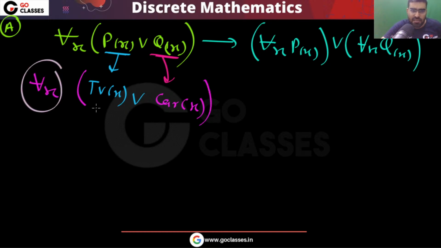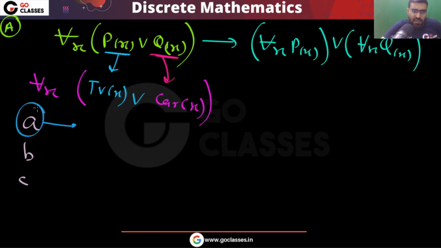For everyone, I am saying every person has at least one of them. Like there is a city in which you have A, B, C, D, these are the 4 people, or maybe 3 people. Now this statement is saying that everyone either has a TV or a car.